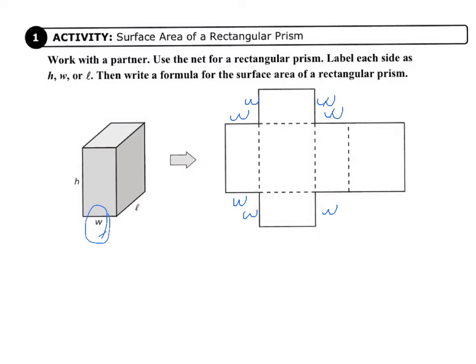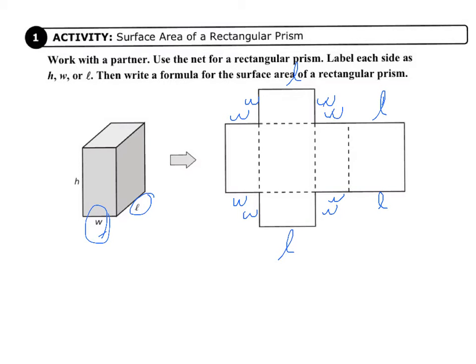And then the longer sides, but not the longest side, those are the length. I missed a W here, so there's a length here and a length here. So that corresponds with this L over here. And there's a length here and a length here.